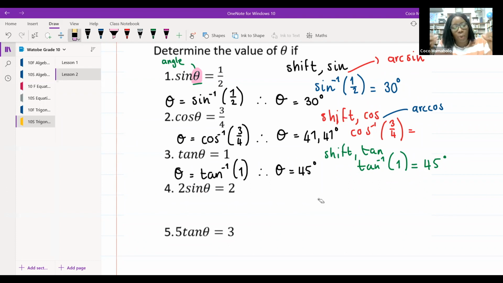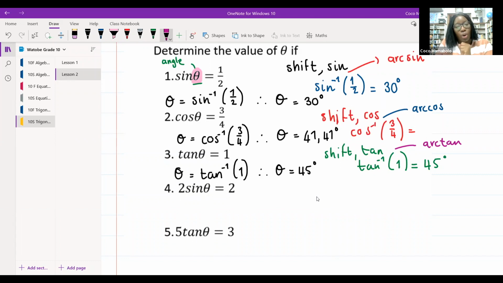We cannot separate them. They are one thing. Even when we are looking at the shift angle, or the shift cos, or the arc sine, or the arc cos, or the arc tan, it's always going to be arcsine of a number, or arccos of a number, or arctan of a number. It will never just be arctan on its own.